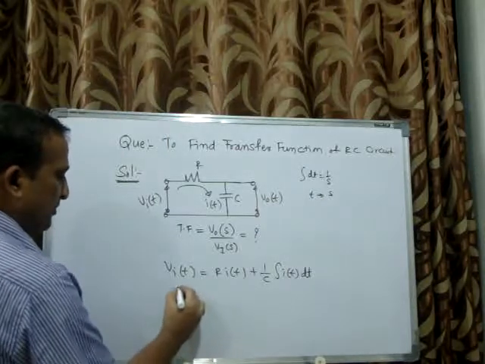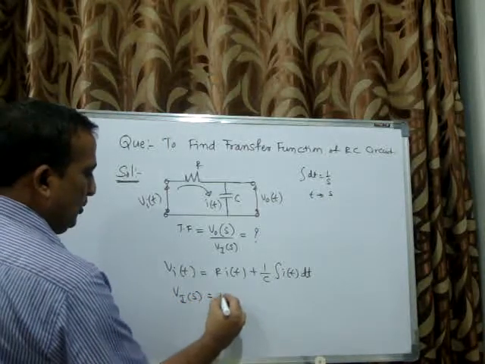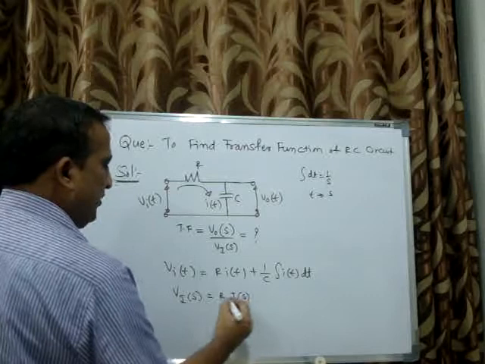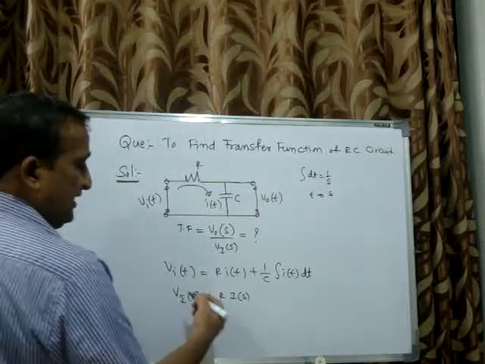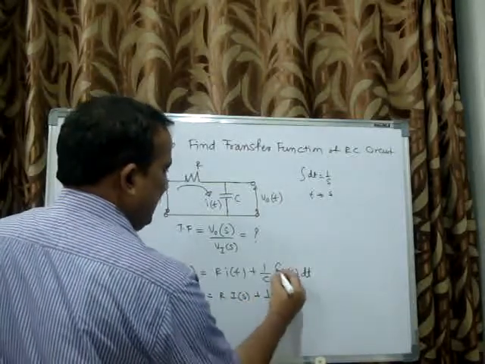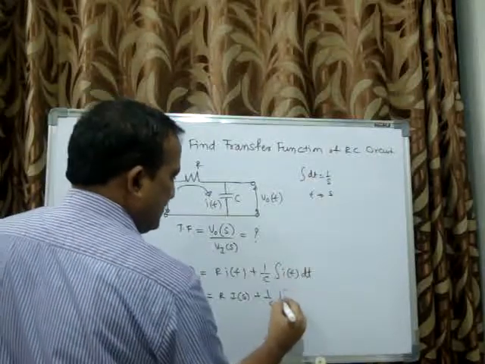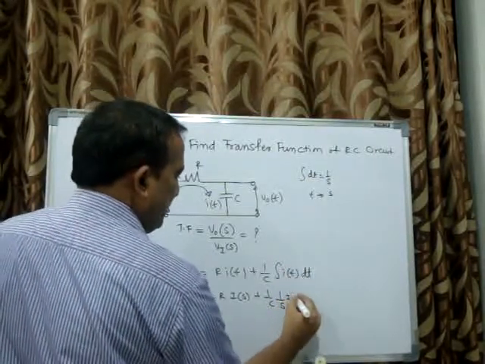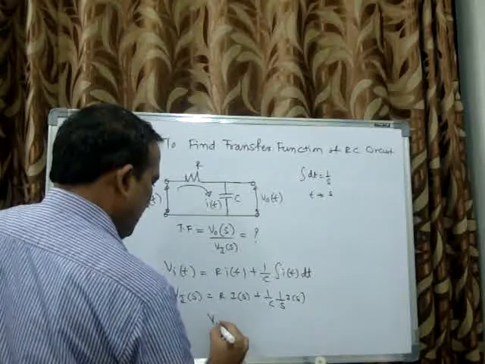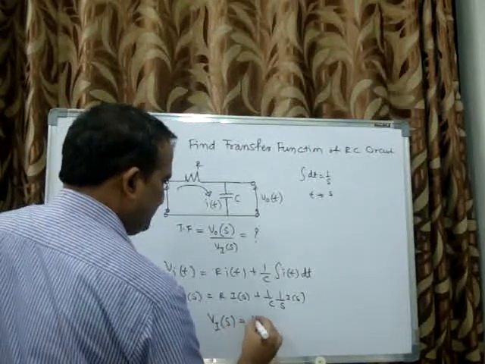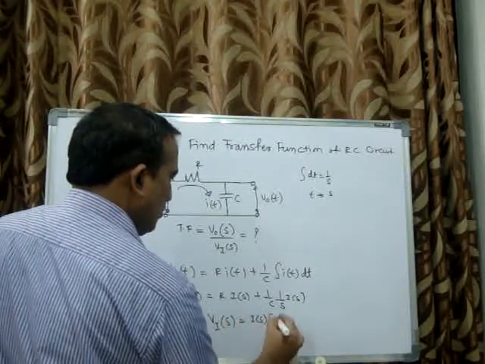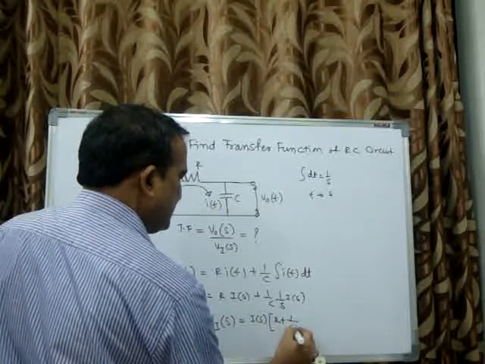Taking a Laplace transformation, Vi of s is equal to, R is a constant, I cannot take a Laplace for R, it is outside, 1 by C, integration of dt is how much? 1 by s, and i of t becomes I of s. So Vi of s is equal to I of s times R plus 1 by Cs.